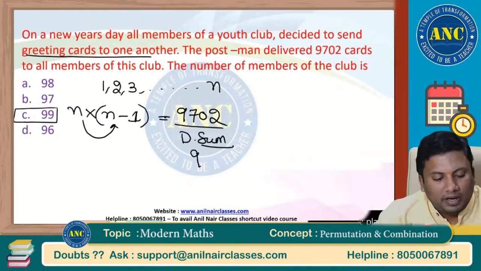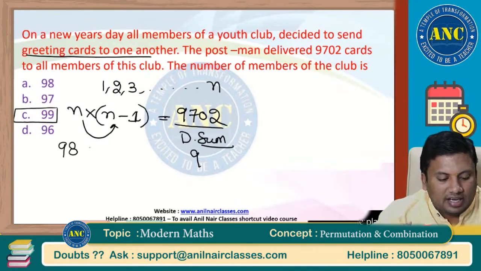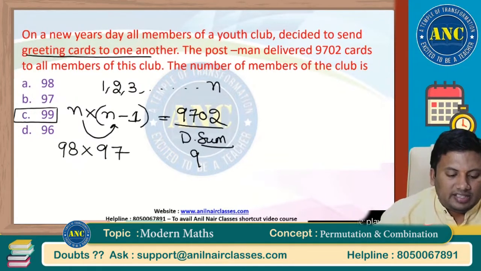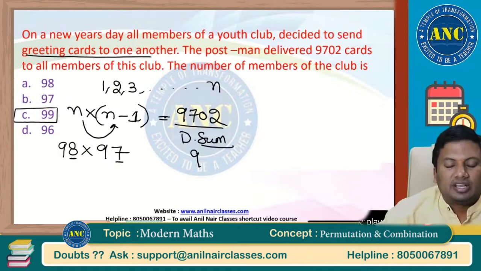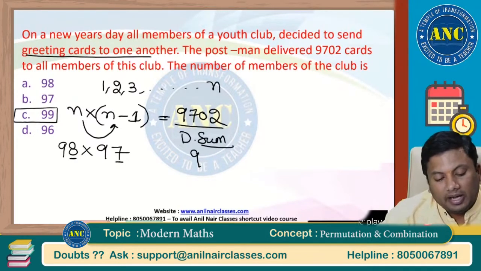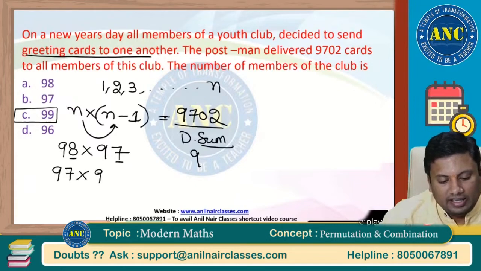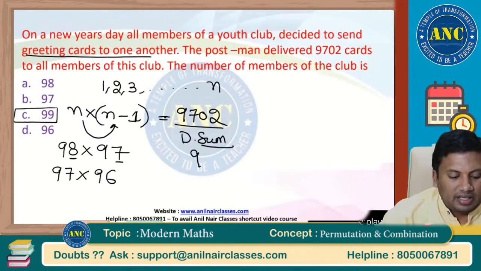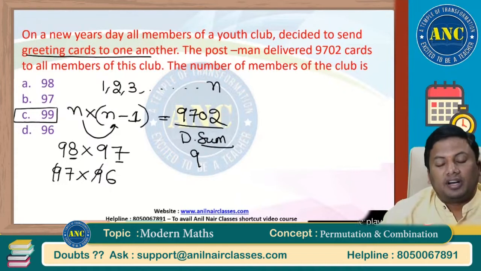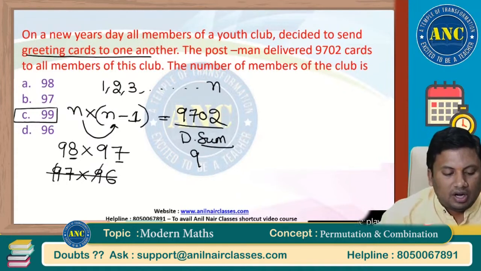Or you can go by the unit digit. If n is 98, 98 into 97. 8 sevens are 56. Unit digit is 6. But I want 2. Second one, 97 into 96. But the digital sum is 7 sixes are 42, 4 plus 2, 6. Not possible.